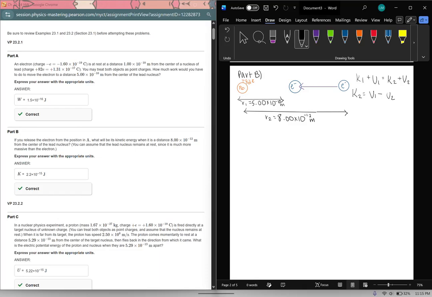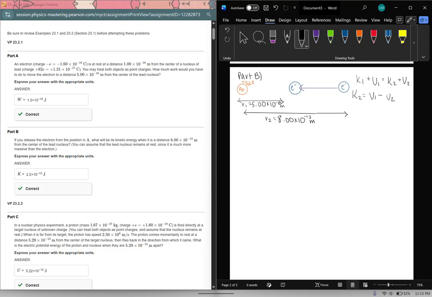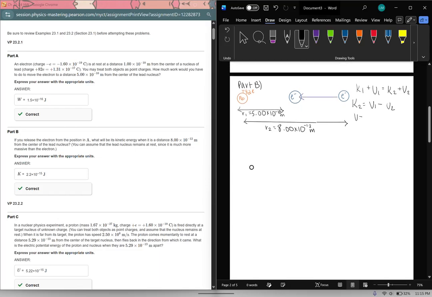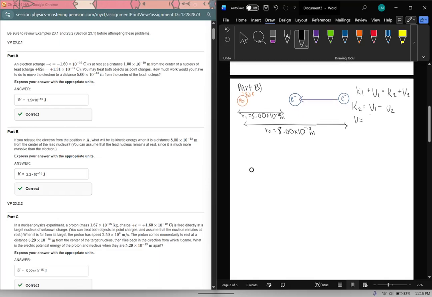And so the equation for the electric potential energy is going to be U equals K, which is the constant, times Q1 times Q2 divided by R, which is the distance. The Q, remember, represents the electric charge.